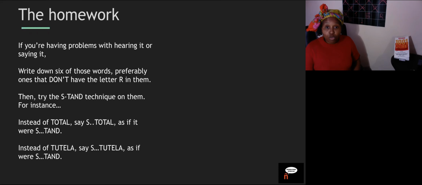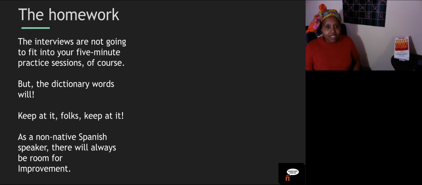Instead of saying "tutela," say "stutela," as if you would say "stand." Now, the interviews are not going to fit into your five-minute practice sessions, of course, but the dictionary words will. So have at it, keep at it.